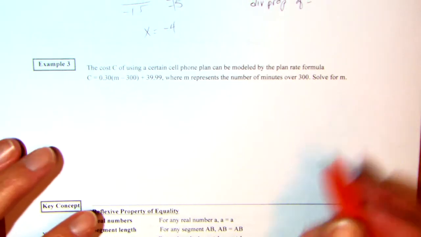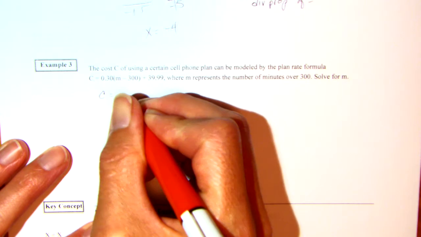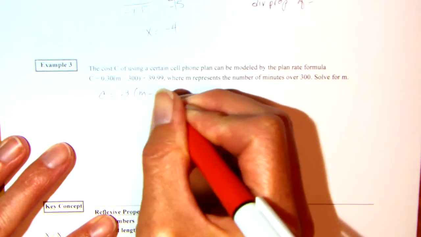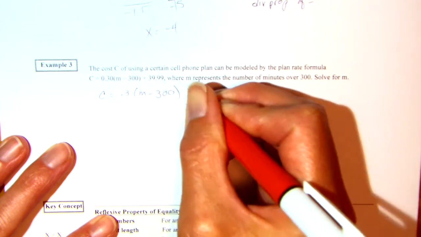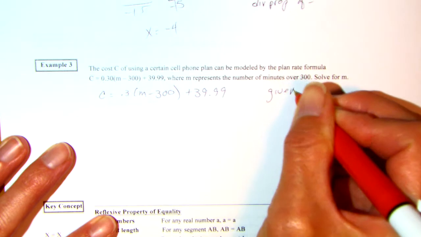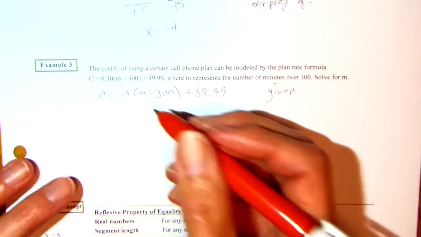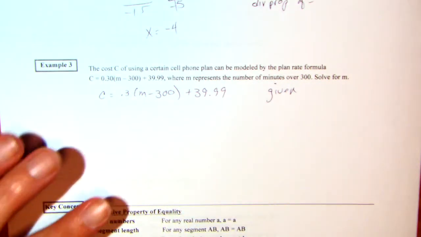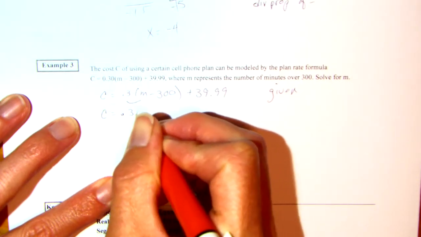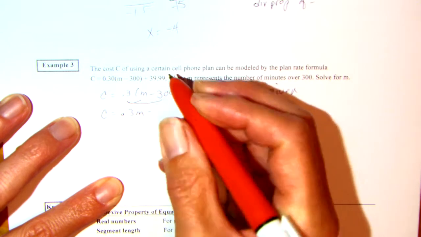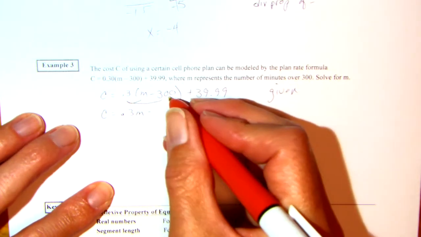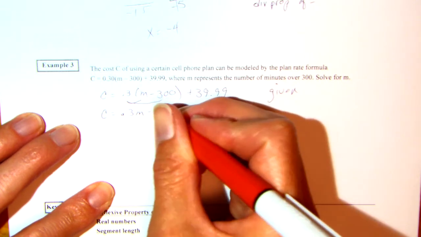Solve for M. So C equals 0.3 times M minus 300 plus 39.99. It's given. We want to solve for M, but first I'm going to distribute here. So I have C is equal to 0.3M minus, I know 3 times 3 is 9, but I have a place behind that, so it's going to come over to 90, one decimal place over.